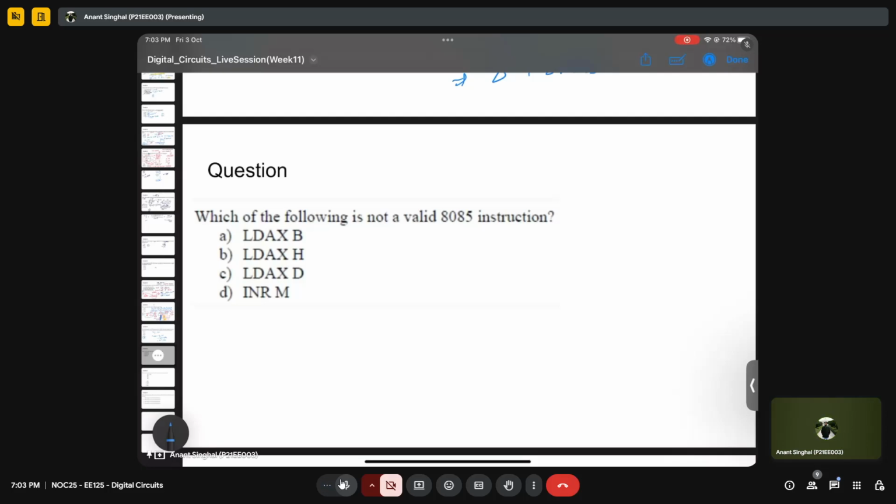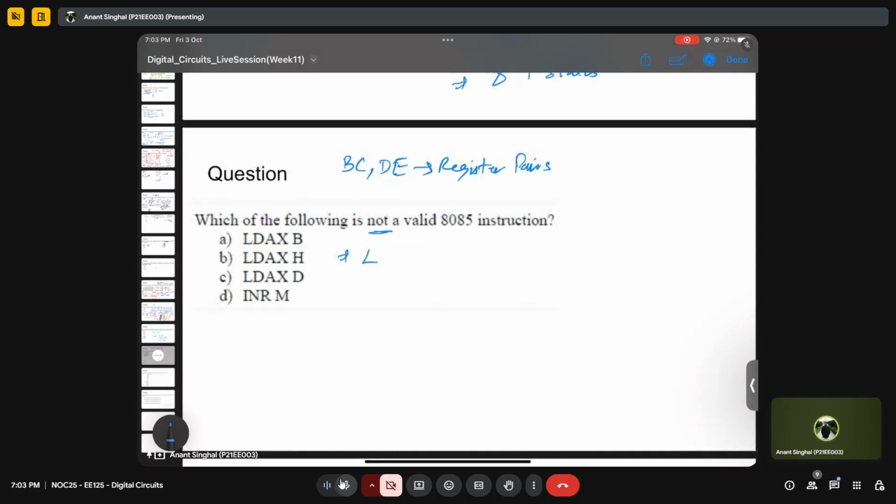Okay, so we have already seen that we only have two register pairs that are accessible, which is BC and DE register pairs, right? So it says which of the following is not a valid 8085 instruction. First of all, LDAX means load the accumulator, and X means extended accumulator. That means all the 16 bits need to be loaded.